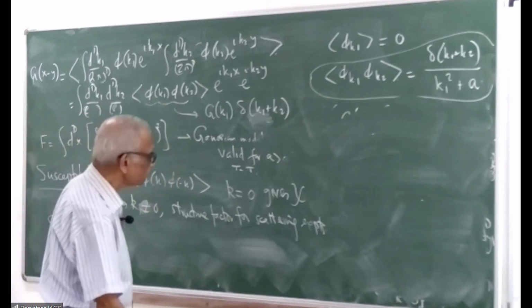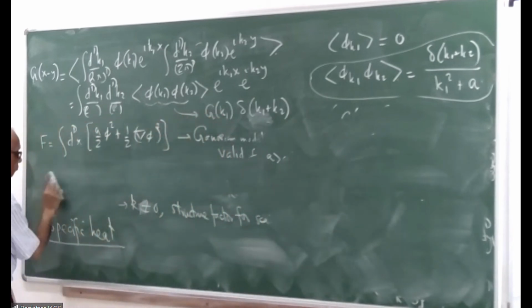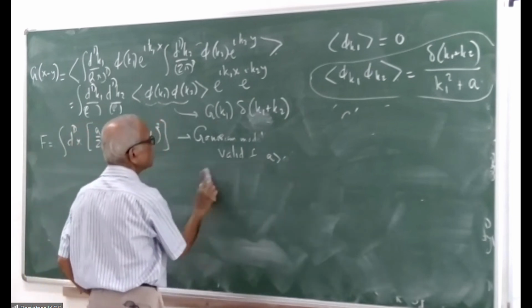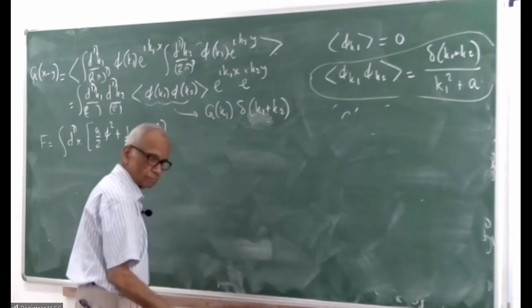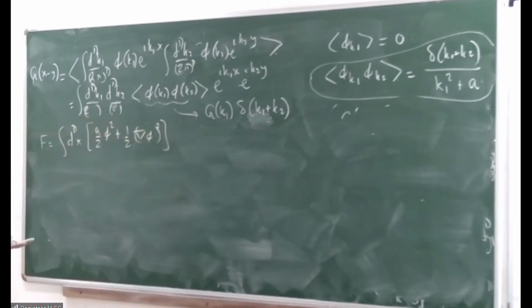Specific heat, Gaussian model specific heat. Now, susceptibility you got through the mean field, so you have an answer, and that is not so much of a surprise.